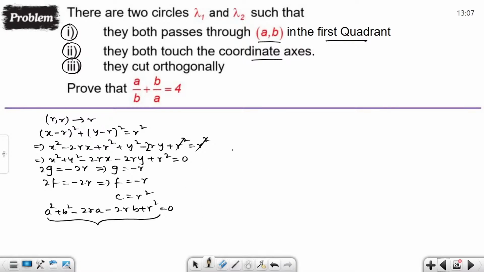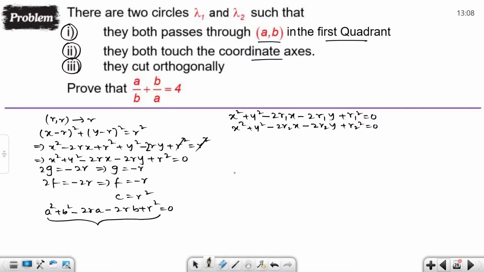So now these two circles cut each other orthogonally. So what will I write? The two circles will be x square plus y square minus 2r1x minus 2r1y plus r1 square equals 0, and the second one will be x square plus y square minus 2r2x minus 2r2y plus r2 square equals 0.